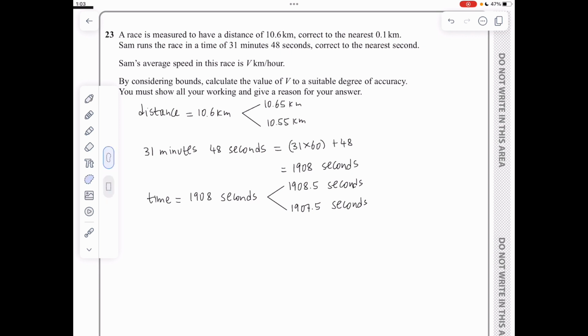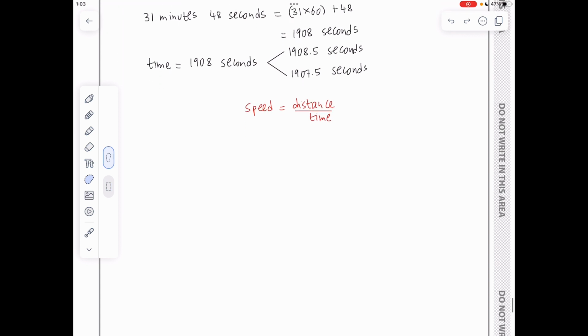Now let's remind ourselves that speed is distance over time, so I can proceed in finding the upper bound for the speed. So for the upper bound of the speed, I'll be doing the upper bound for the distance, which is 10.65 kilometers, over the lower bound for the time. So remember, we are trying to get an answer in kilometers per hour.